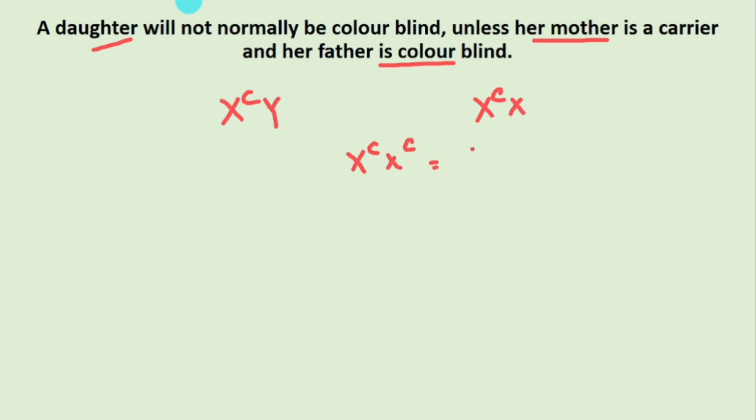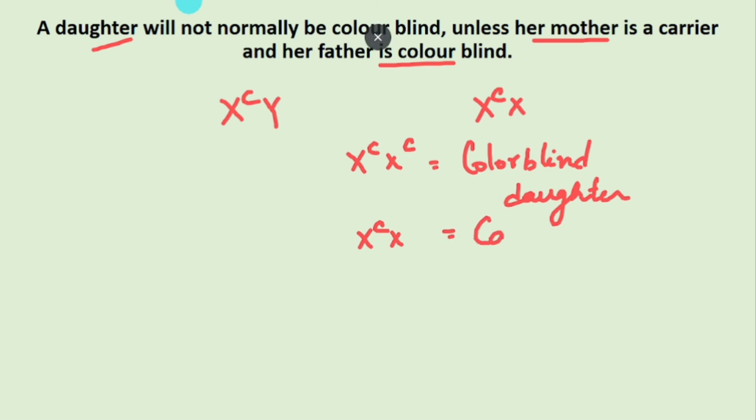This will be a colorblind daughter. And if this combines with this X chromosome, then this will be a normal, or you can say carrier daughter. Carrier daughter will be healthy.